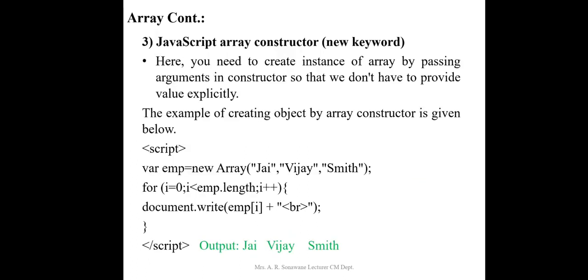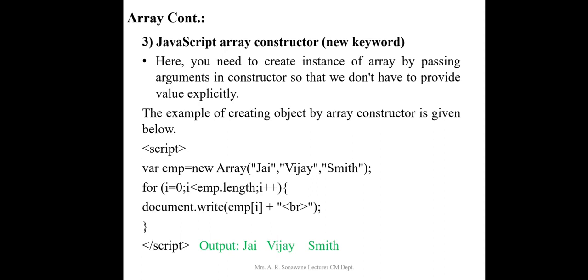In the third part, again we are using the new keyword, but here at the time of creating the constructor itself, we are assigning the values. So initialization and object creation both happen at the same instance.